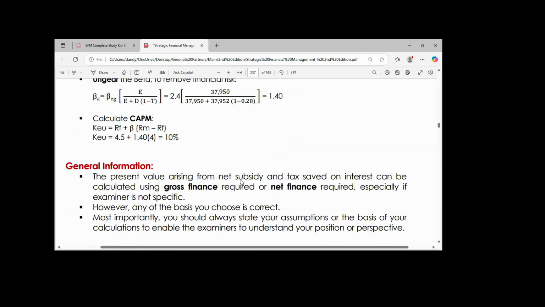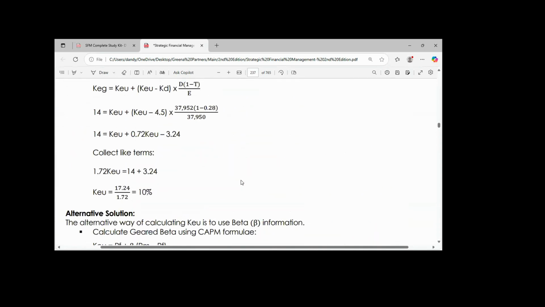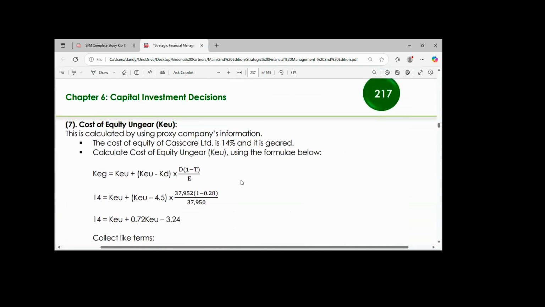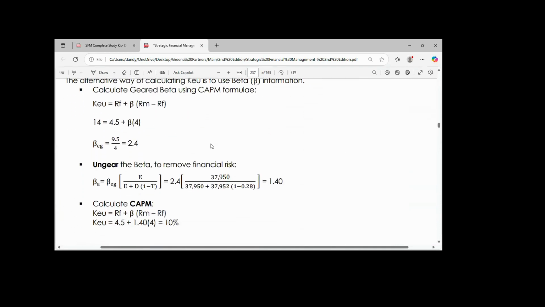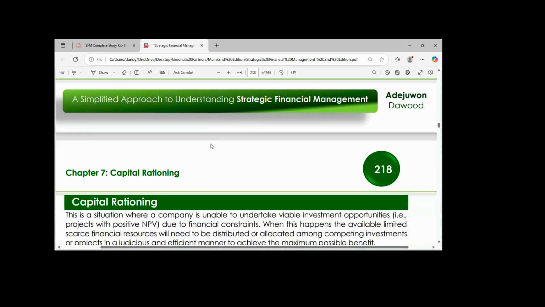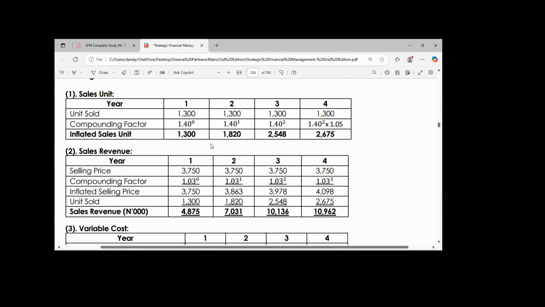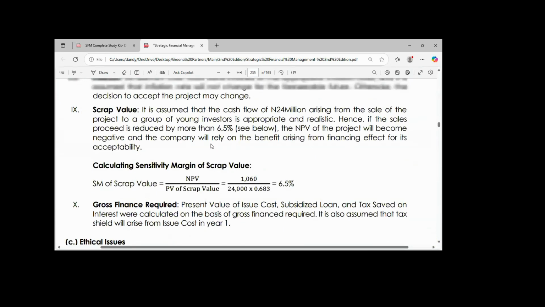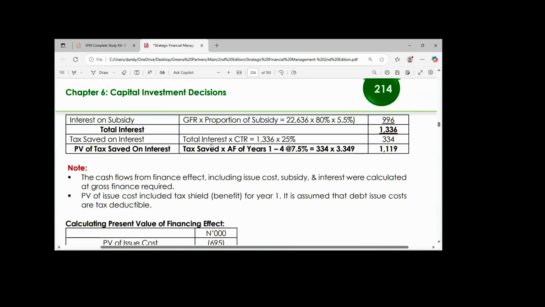All right, value of debt. What is that? Okay. Value of debt, value of debt. Where is the information on that? Let me see. All right. Okay, I think I have it somewhere here. To get the value of debt, what I did here, this 37,950.